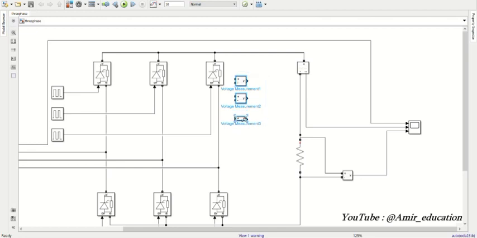I want to observe the voltage plots of all our thyristors in one plot, so I use a max block, which enables us to observe them in only one plot. Let's connect it.